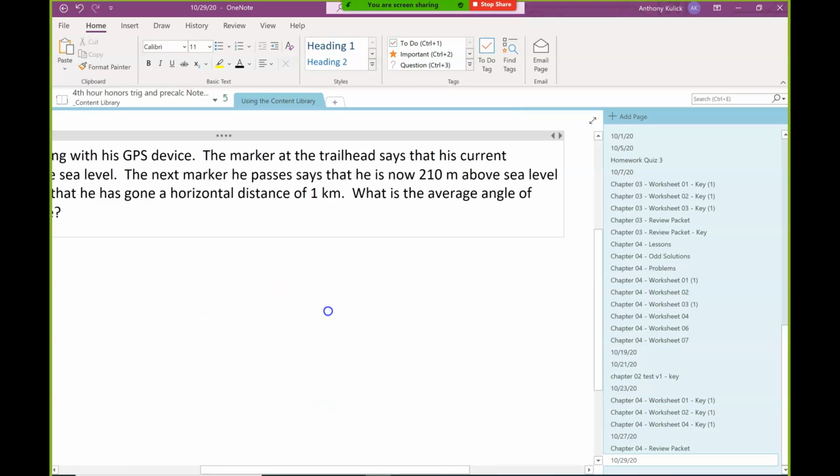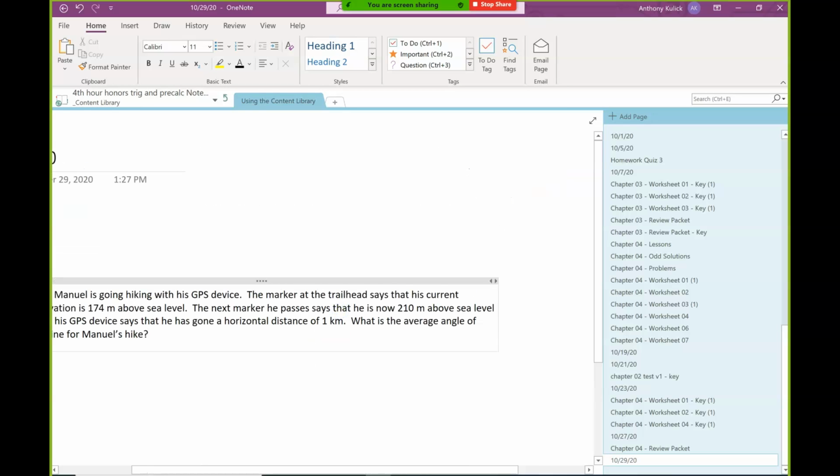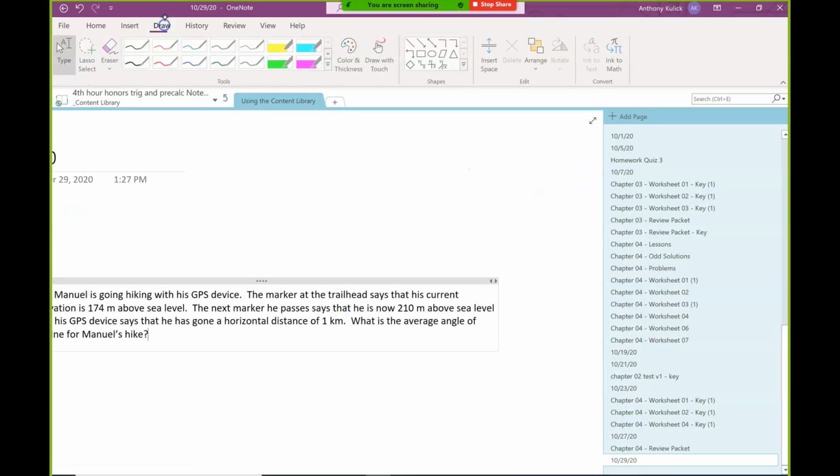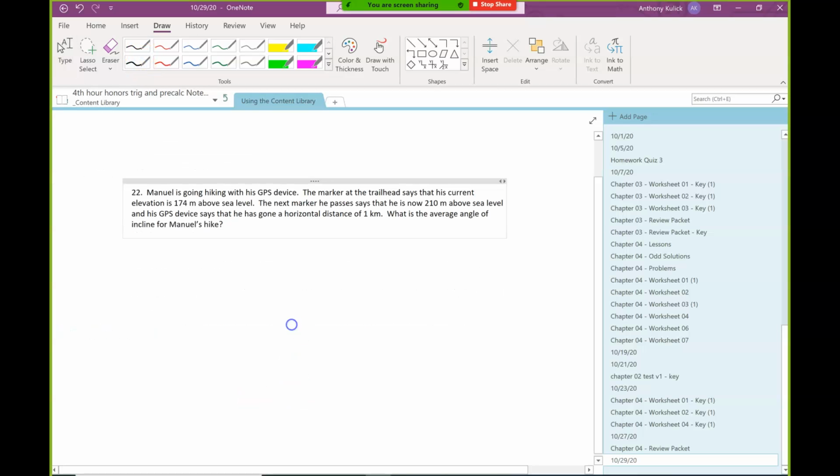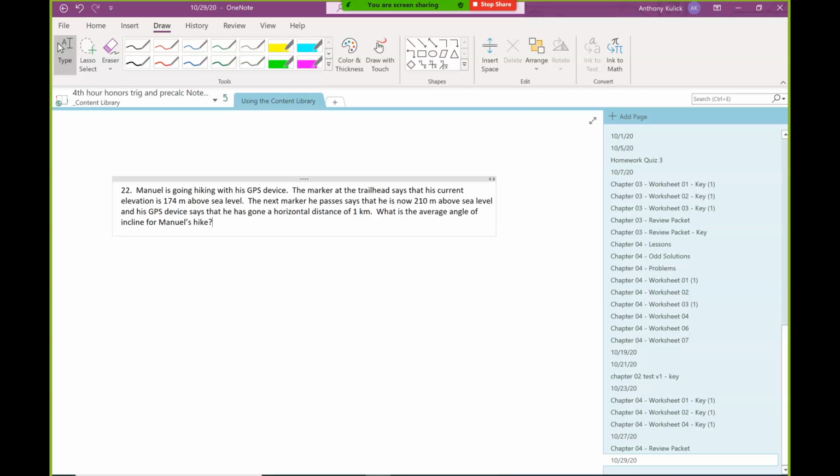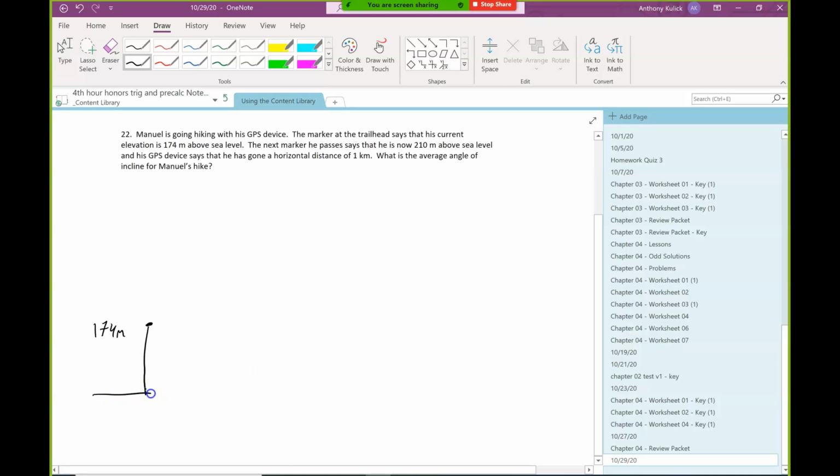So let's draw ourselves a little picture of this situation, yes? I think after you've got the picture, the rest will be pretty trivial. Okay. So here's our start. We're at 174 meters above sea level. So let's make this 174.